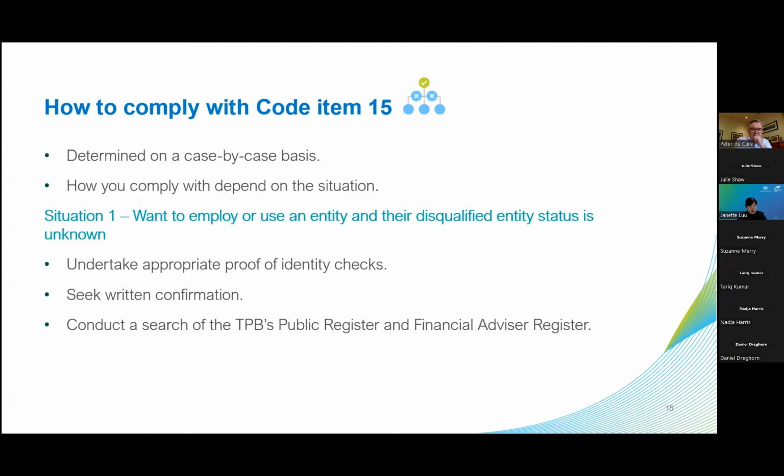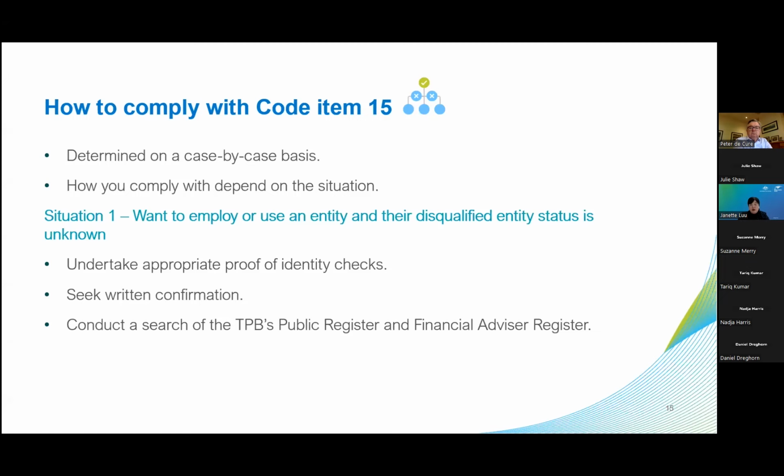So the first situation is where you're looking at employing someone or using an entity, and you don't know what their disqualified entity status actually is. So in those cases, for your own security and safety, you need to make sure you undertake appropriate proof of identity checks. You also need to seek written confirmation from that person or that entity that they are not disqualified.